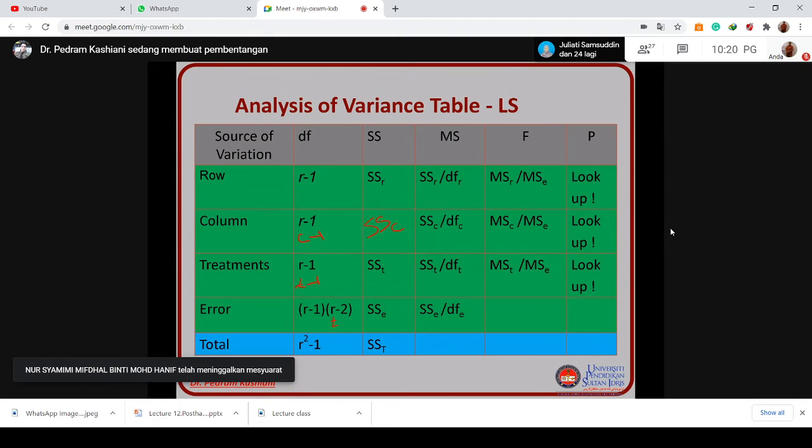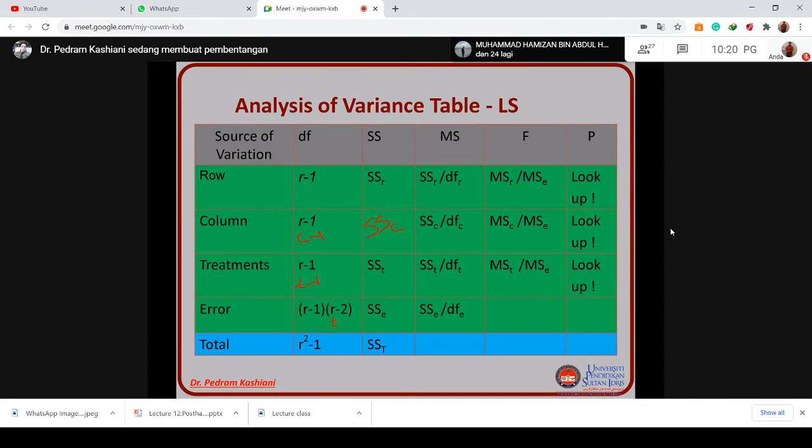Whatever you use, R, T, C, is the same, because they are all the same number. So it doesn't matter which one to use. Just for ease of remembering, we use only R in the degrees of freedom for Latin square. So R minus 1, R minus 1, R minus 1, R minus 1 times R minus 2, R squared minus 1.